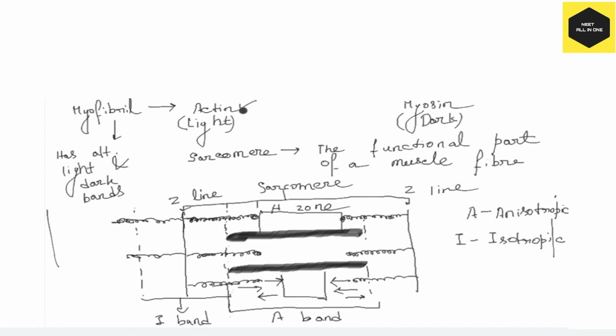There is another membranous part to which these myosin filaments are attached, which runs like this through the middle. This is known as your M line. Okay, so that was all about your myosin, actin and myosin. I mean, that was all about your myofibril, the muscle fibers. Thank you.